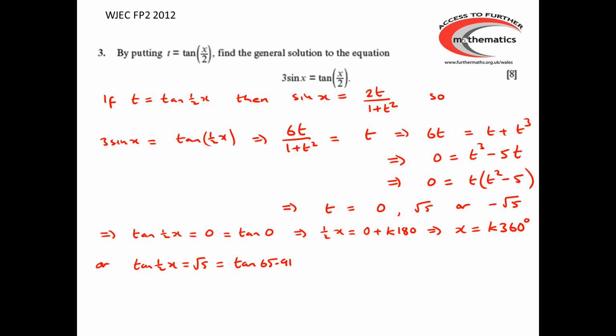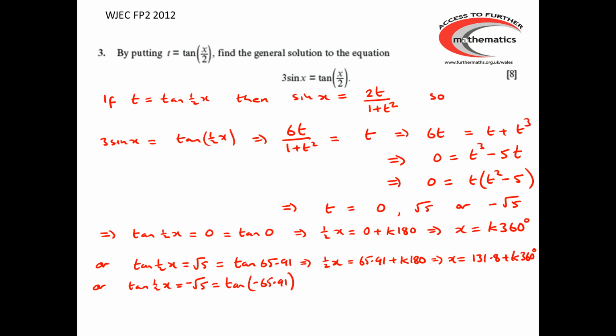The general solution of that is ½x = 65.91 + k180, or x = 131.8 + k times 360. Or tan ½x = -root 5, which is tan of -65.91, which has a general solution of ½x = -65.91 + k times 180, or x = -131.8 + k times 360.